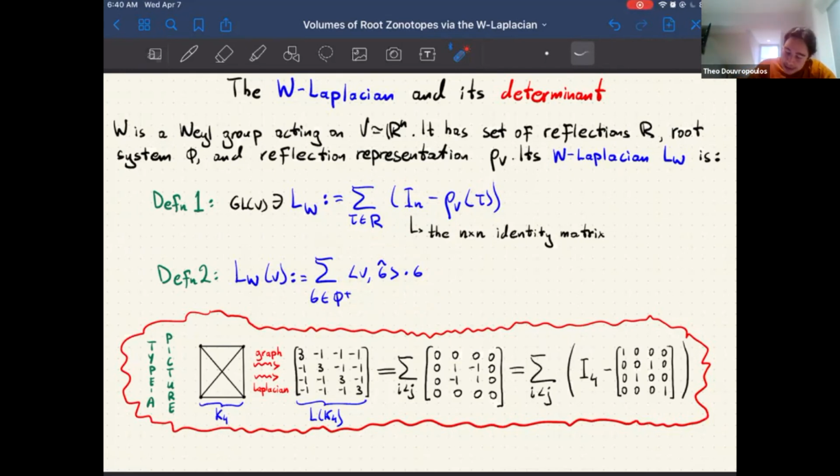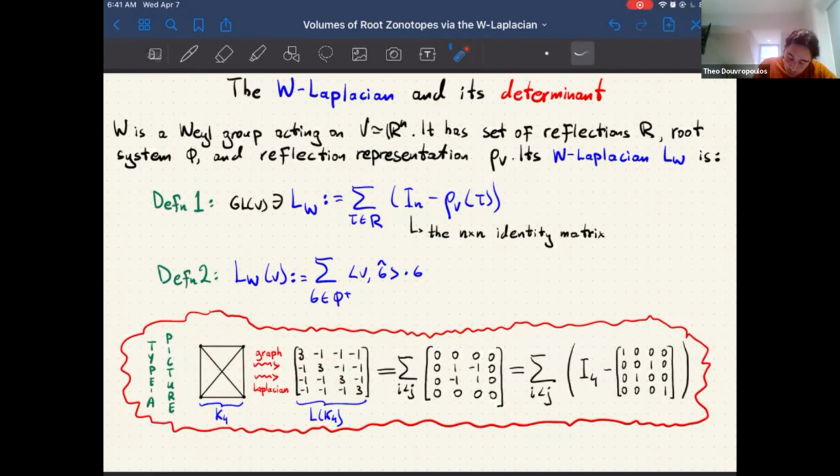So in the little picture that I have below, I want to point out how similar this thing is, that you should be able to recognize the standard graph interpretation of the Laplacian. So this is the complete graph K4, and if you do the graph Laplacian, the diagonals are going to be the balances of the corresponding vertices, and then everything else is going to keep track of the adjacencies.